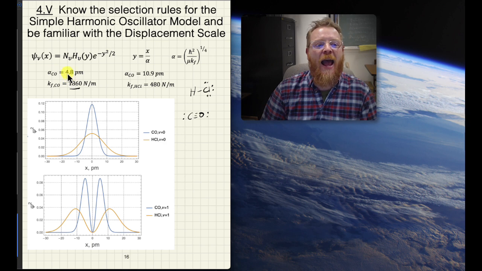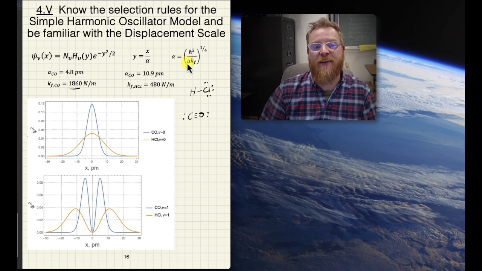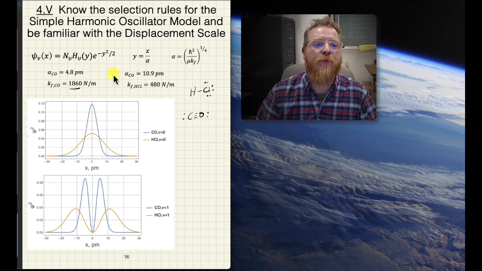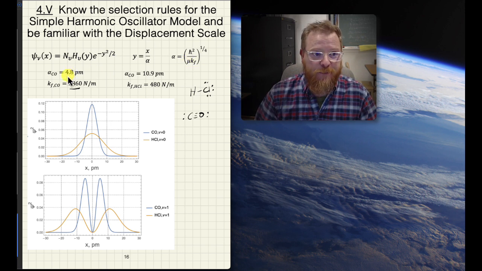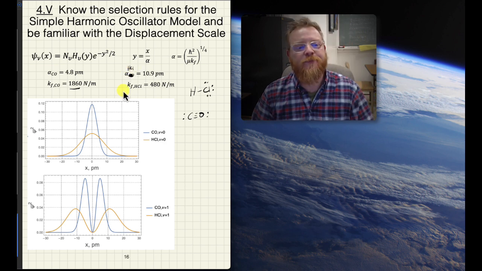Correspondingly, if we look at its alpha value, by placing in that force constant and the reduced mass of CO, we get a relatively small displacement scale, about 4.8 picometers. Now if we repeat that for HCl, and oh my goodness, I'm too crazy on the copy paste. That should be alpha HCl.